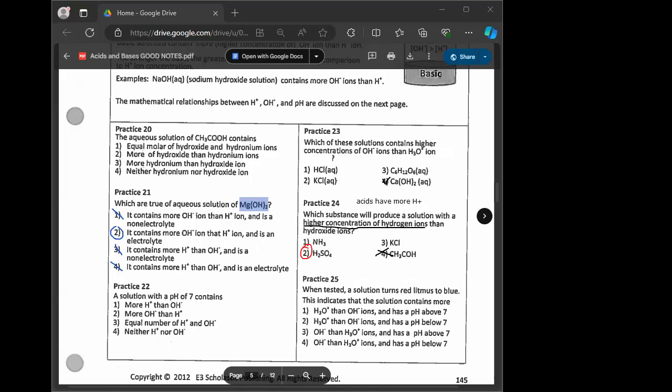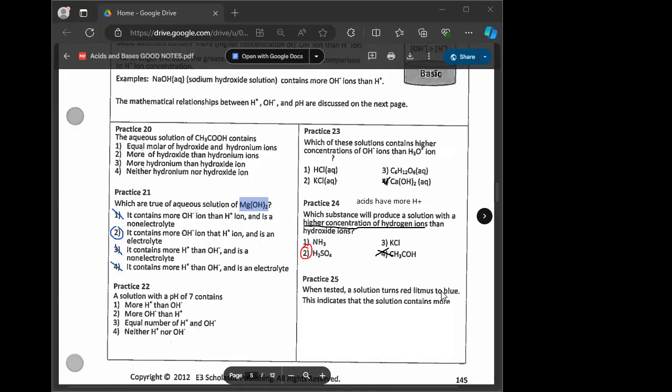Number 2. So let's first identify if they're talking about an acid or a base. Do acids or bases turn blue? Yes. Which one though? Acids or bases?